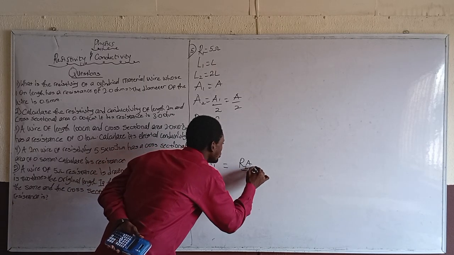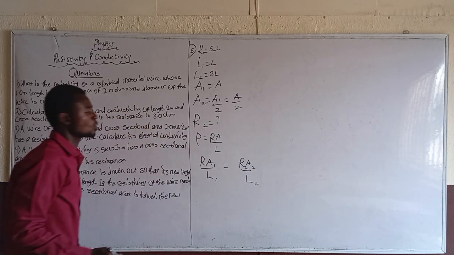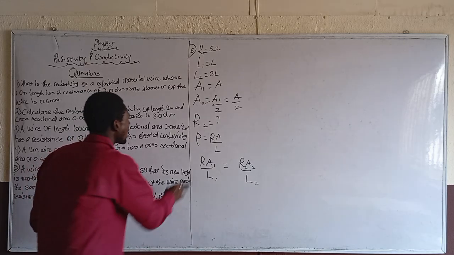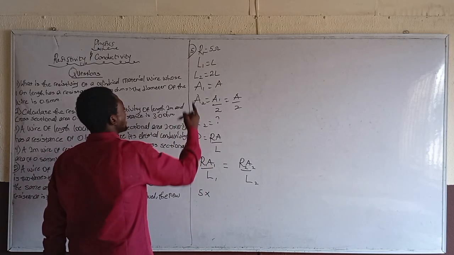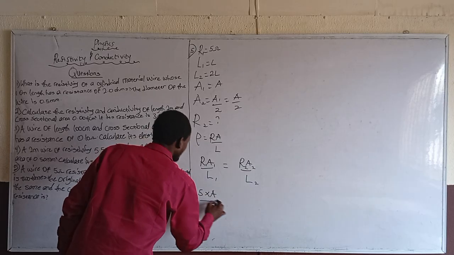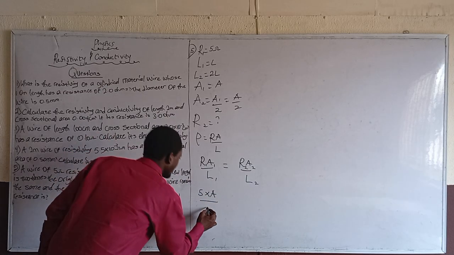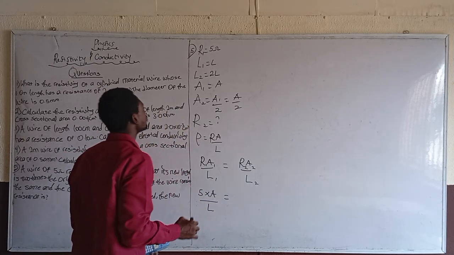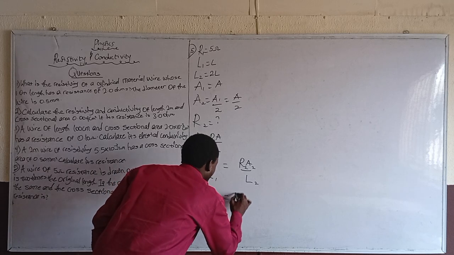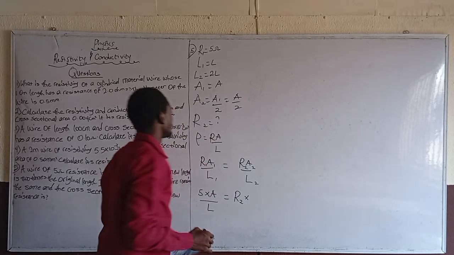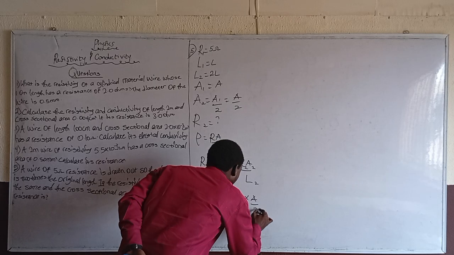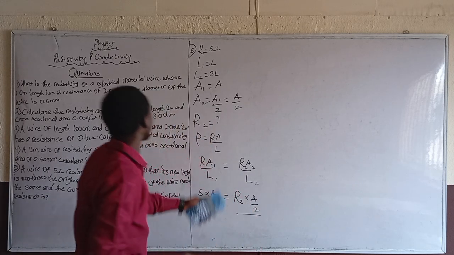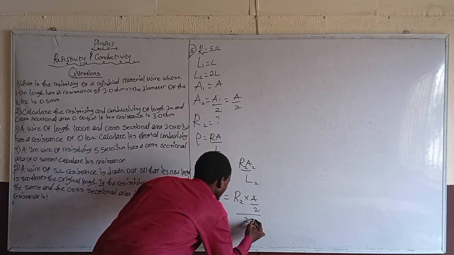I'll call this one 2, 2, 2. So you are equating. Now, R1 is 5. Area A1 is A, divided by length L1 is L, equals to R2. Okay, the R2 is unknown. Now, the A2 is A divided by 2, then divided by what? The L2 is 2L.